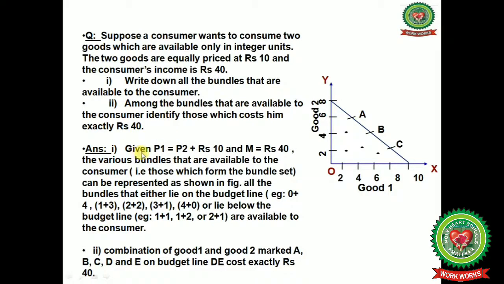Now what we have given, that is price of first good is equal to price of second good, rupees 10 and the money is equal to rupees 40, and the various bundles that are available to the consumer, which form the bundle set, can be represented as shown in the figure.